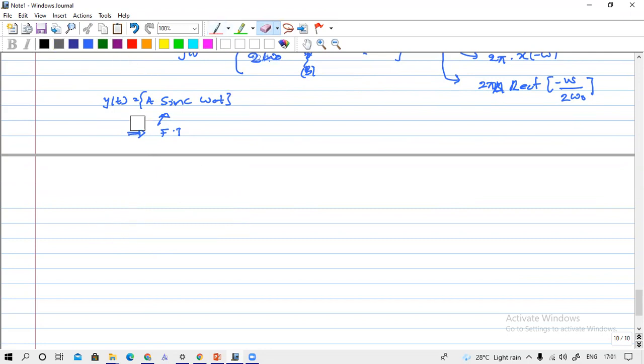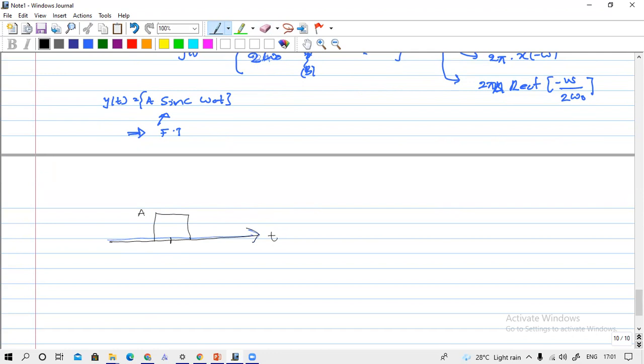So we have t, and we are given a pulse like this. Pulse amplitude is a.